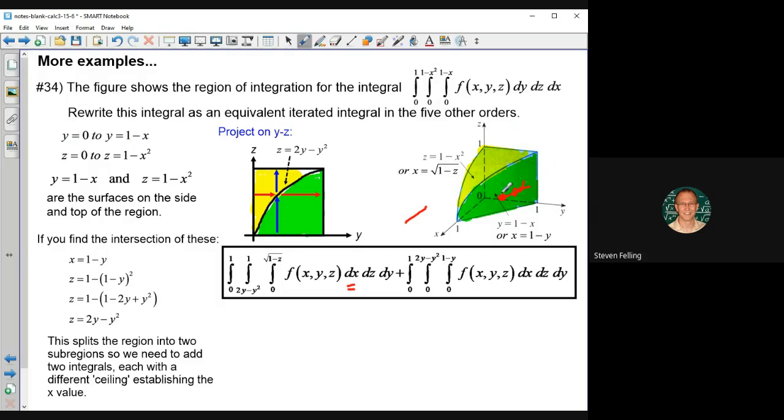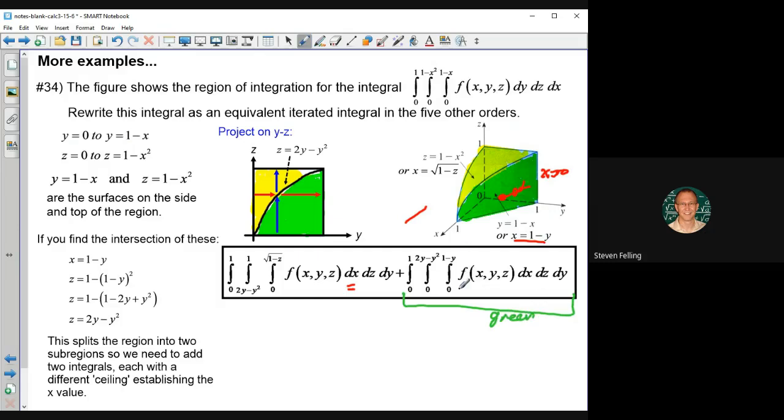Then since this surface is given as y equals 1 minus x, that's going to establish the boundary, right? We're moving in the x direction, so x is going to stop at 1 minus y. So we're going to go from x equals 0 to x equals 1 minus y. The reason I'm establishing this is to make sure and verify which one is which here. So this integral here is the one that's over the green area, okay?